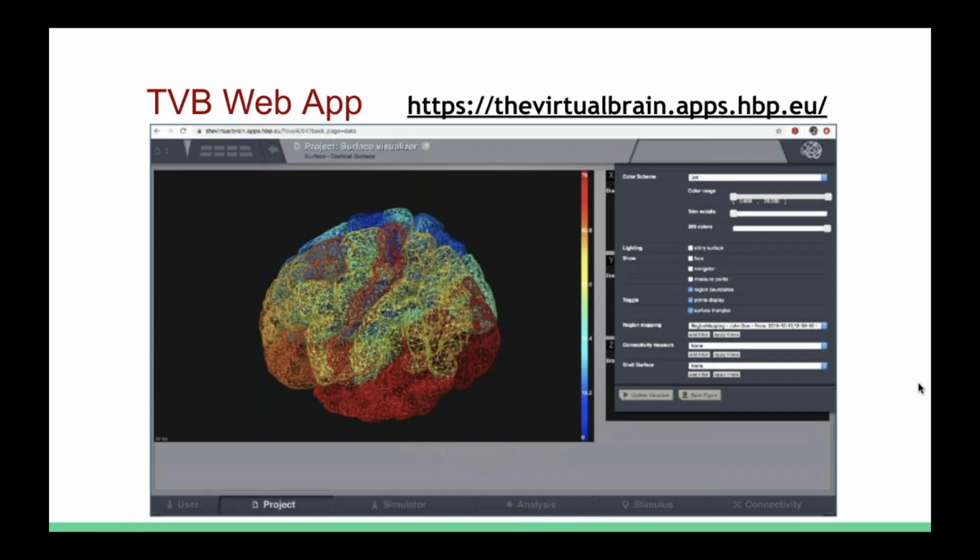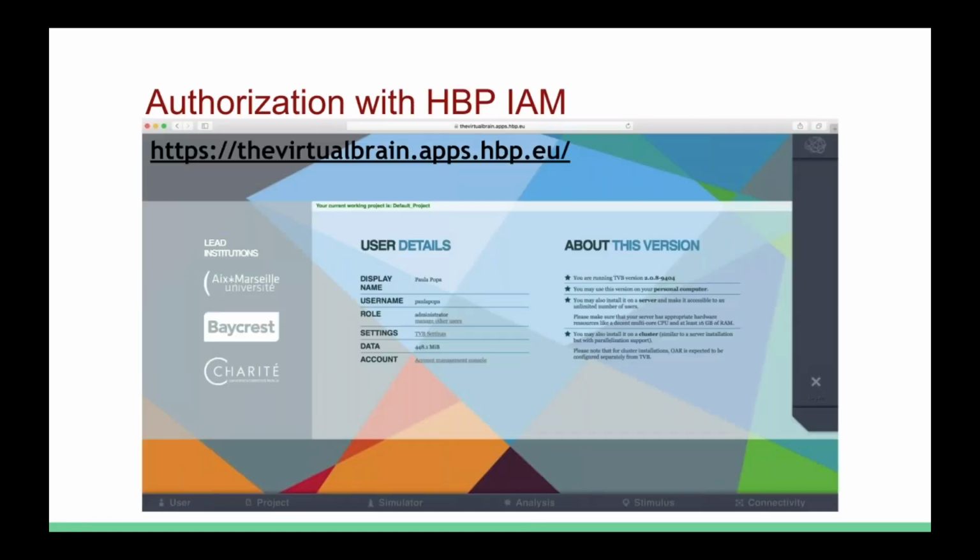Now, who can access this? We have integrated the authentication with the HBP Identity and Access Management System, which is based on Keycloak. Thus, any valid account in the HBP Keycloak can immediately log into this TVB web installation. And they will have access to the default project, which is publicly shared together with TVB.